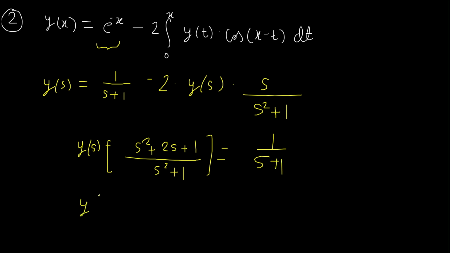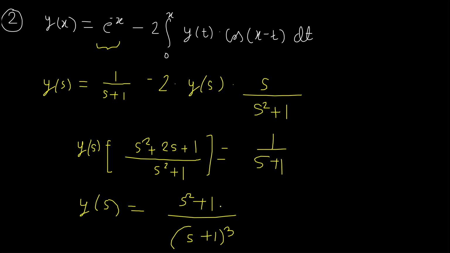Now once we send this whole factor to the right hand side, we will get s square plus 1 upon s plus 1 whole cube. This will be s plus 1 whole square, so we will get s plus 1 whole cube.